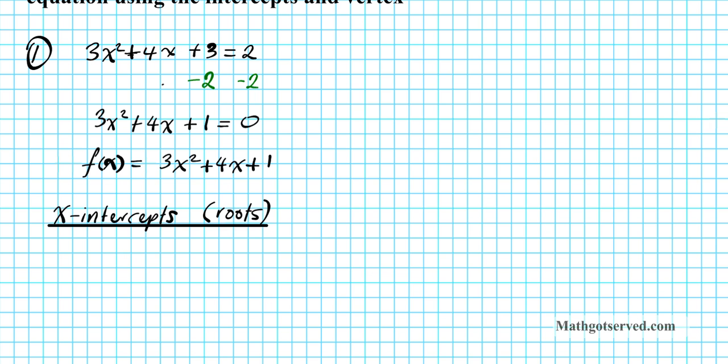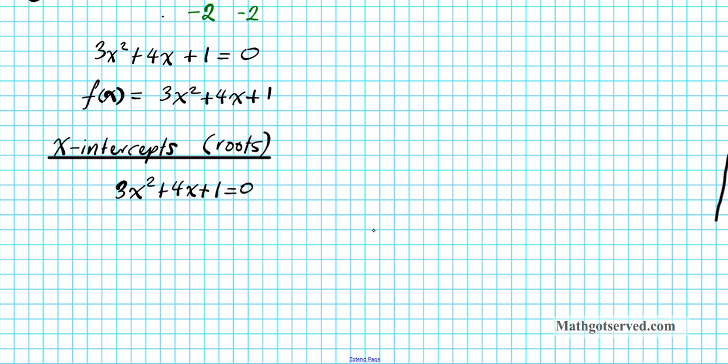To get the x-intercept, we'll set y equal to 0. So we have 3x squared plus 4x plus 1 equal to 0, because y is now 0.